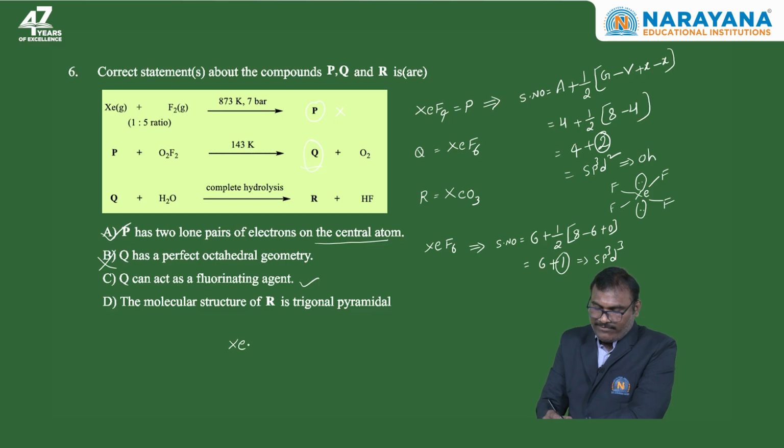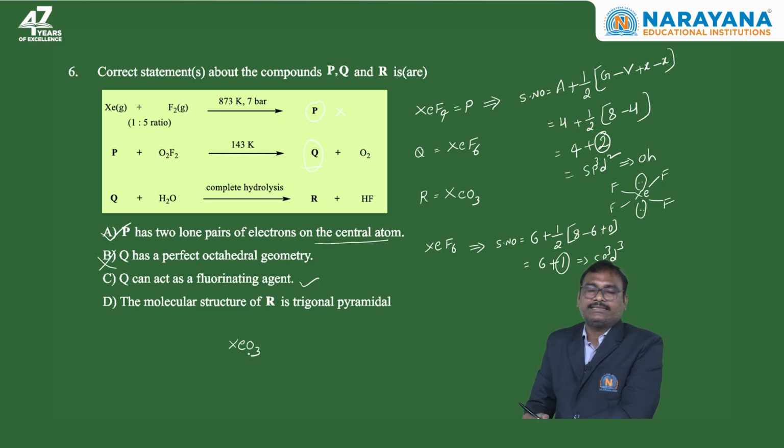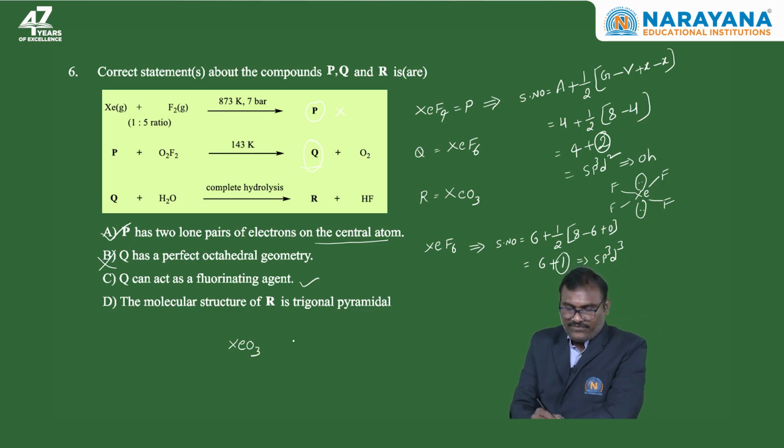Yes, R is nothing but XeO3. If you go for that, 3 surrounding atoms plus half into group number of central atom 8 minus the valency of oxygen is 2, 3 twos are 6, then 3 plus 1 is equal to 4, that is sp3 hybridization, and the geometry should be tetrahedral.